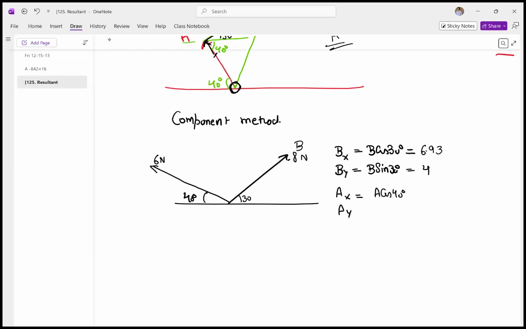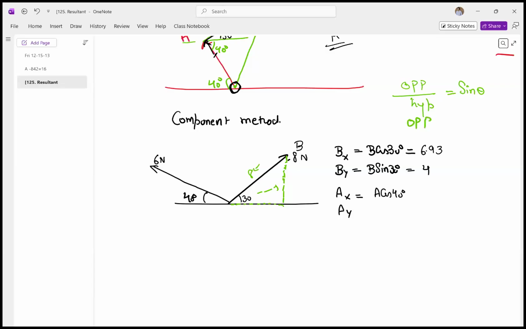Again, if you're confused, I always recommend you draw a right angle triangle here so that you can see what you are doing. So opposite upon hypotenuse, which is 8, equals sine theta, and the opposite side in this case is what we are looking for.